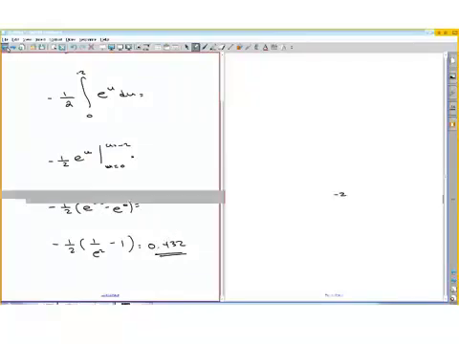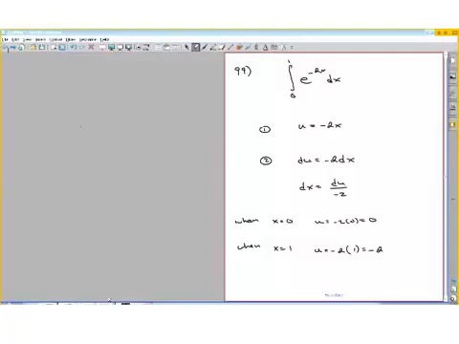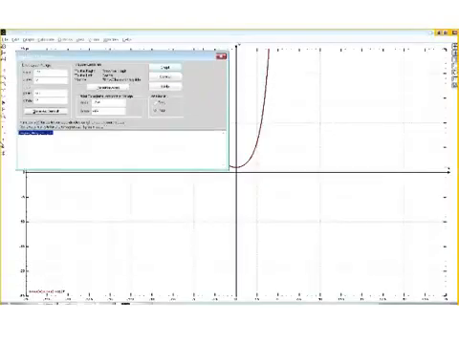Let's just go ahead and look at it. So it's about a half. So we should be able to at least estimate, see whether it's correct or not. So we go to the graphing program, and the function that we're looking at is e to the minus 2x.